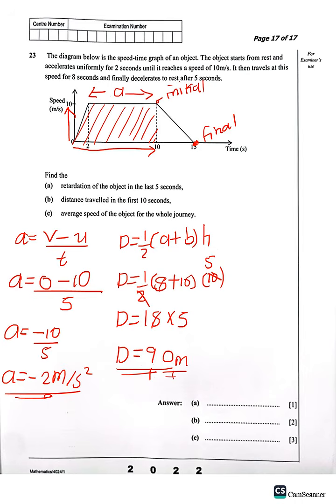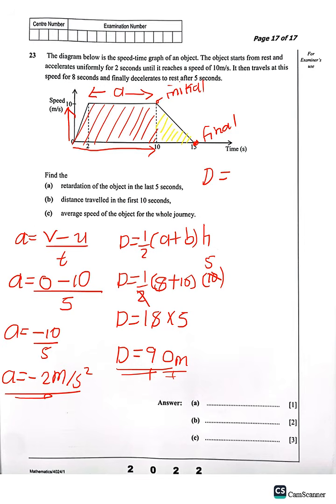Now see the average speed of the object for the whole journey. Since we are solving for the average speed, first we need to find the total distance. Since we've calculated the distance in the first 10 seconds, let's calculate the distance in the last 5 seconds. Then we'll be able to find the average speed. So distance is this polygon, the one I've shaded with yellow.